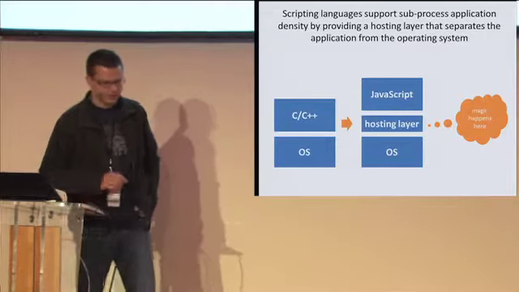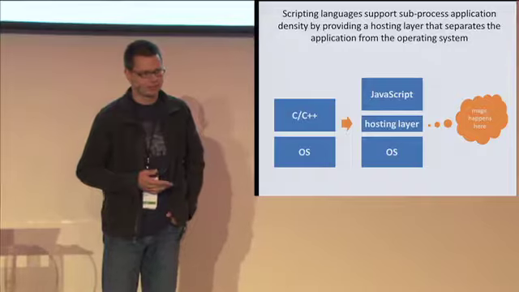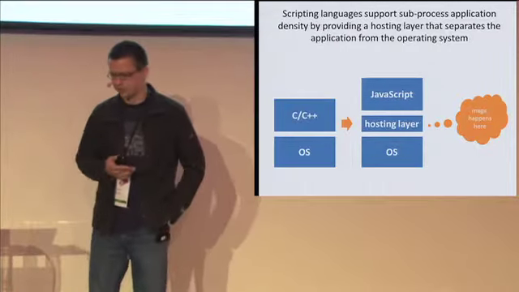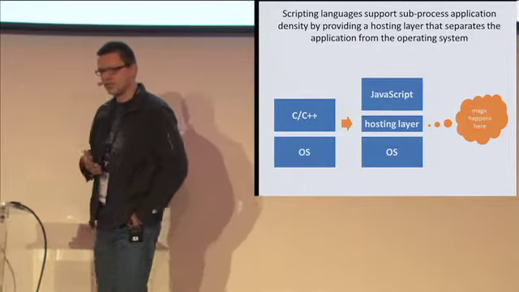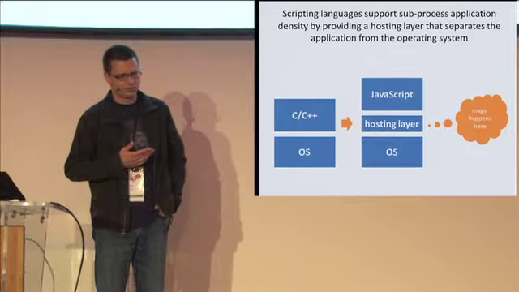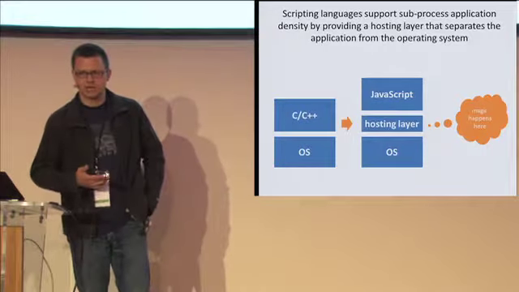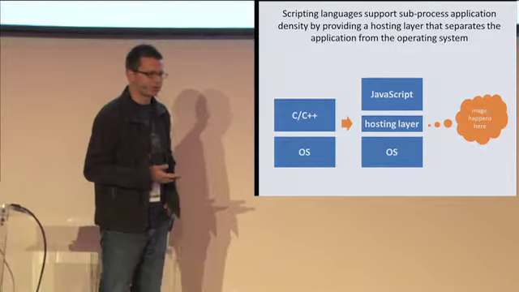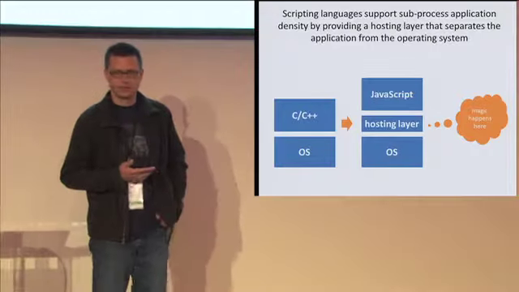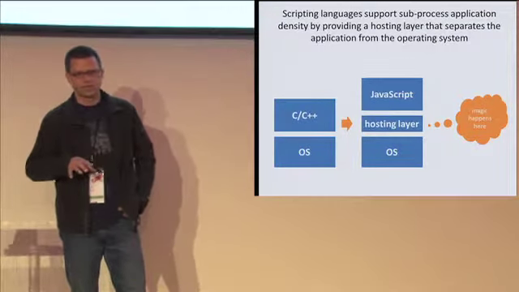And this is where the difference between native applications and managed applications becomes important. Whenever you're writing an application that you really don't know anything about, it could be written in C++ and use the full functionality offered by an operating system, there is really no way to reason about resource consumption at the sub-process level.